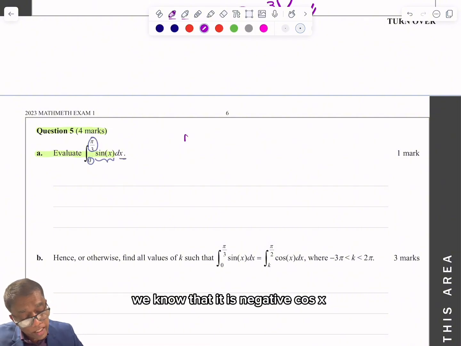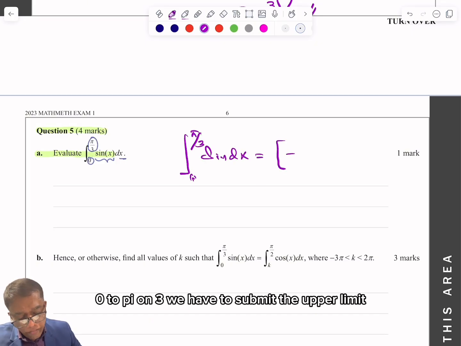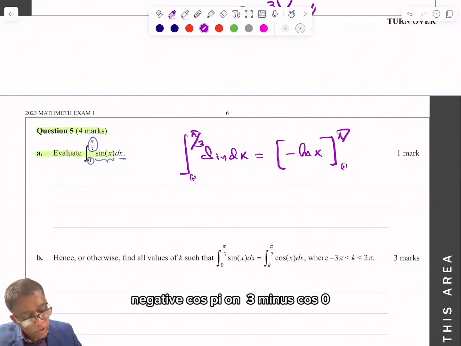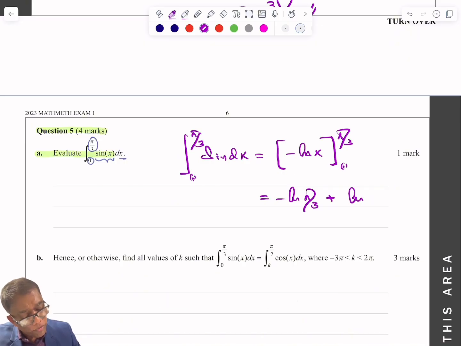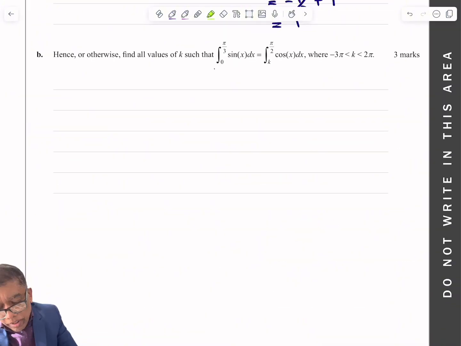We know that it is negative cos x, from 0 to pi on 3. We have to sub in the upper limit: negative cos pi on 3 minus negative cos 0. That means negative half plus 1. The answer is half.